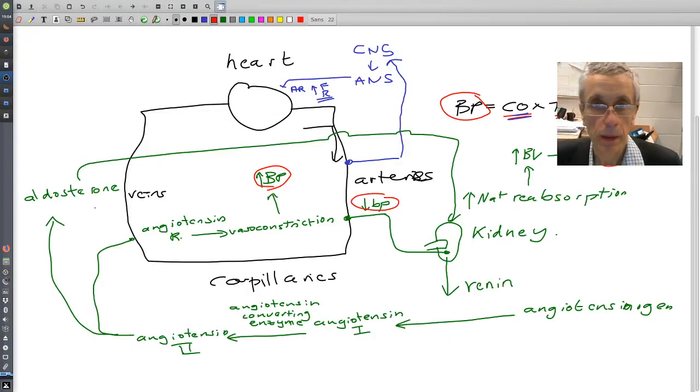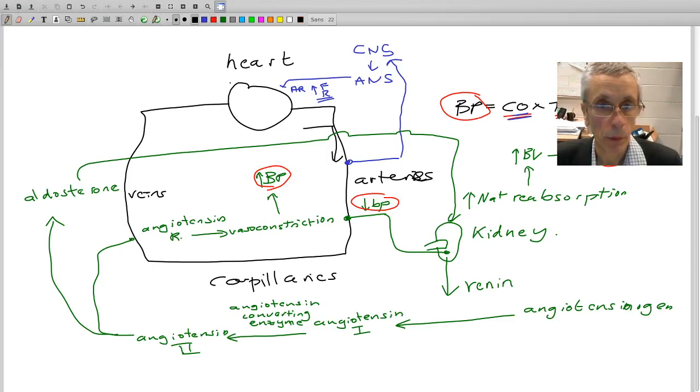So now let's bring the central nervous system back into the story again. Remember, we said that it responds by causing the heart rate and force to increase, but it also interfaces with this other green system, this slower kidney system, because what it does is, it's getting quite complicated now, it increases the release of renin.